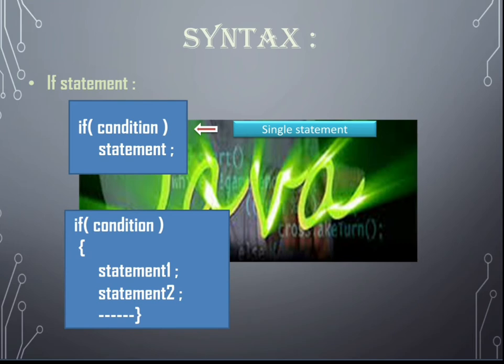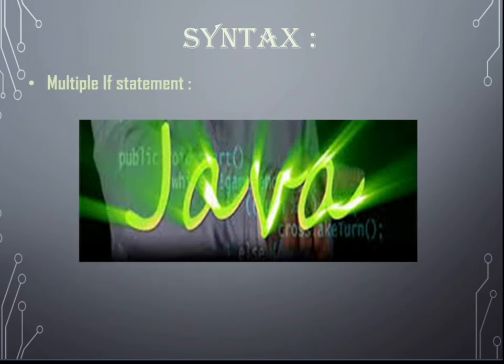But if you want to add more than one statement inside if, you have to use curly braces, because by default if is going to use only one statement. If you want more, you have to apply curly braces, and these are known as compound statements.